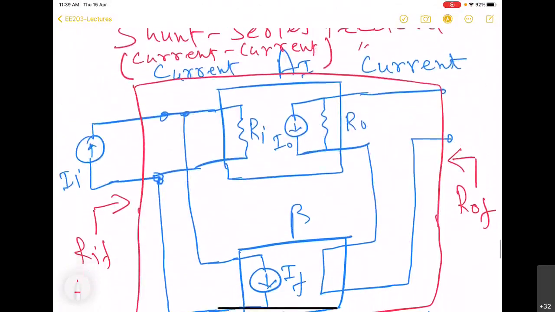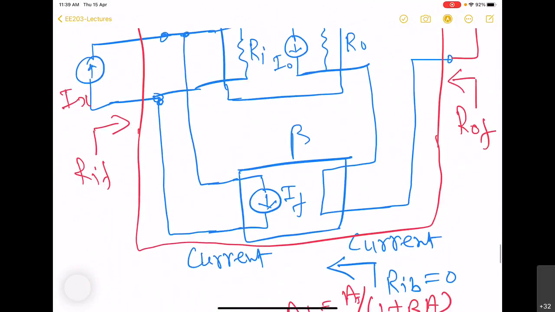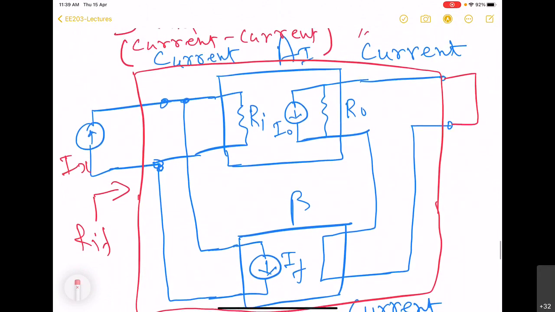Now let us come to this circuit and try to modify it for finding RIF. So here we have this circuit.